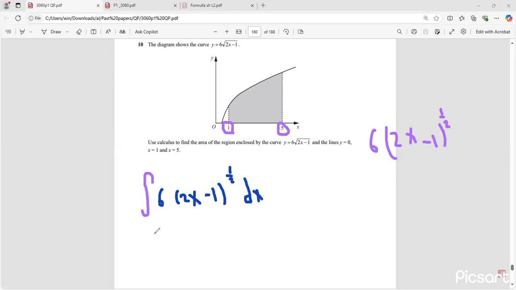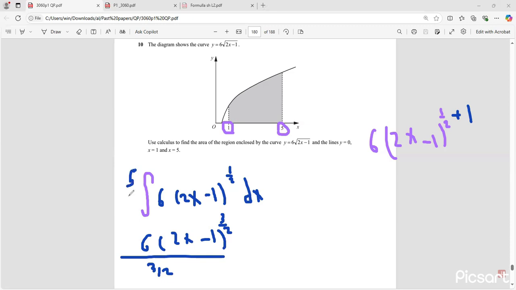Okay, so this will be plus 1, so 3 out of 2. So 6 multiplied by 2x minus 1 all to the power 1.5, dividing by 1.5 or 3 out of 2. Okay, and that is limited between 5 and 1.